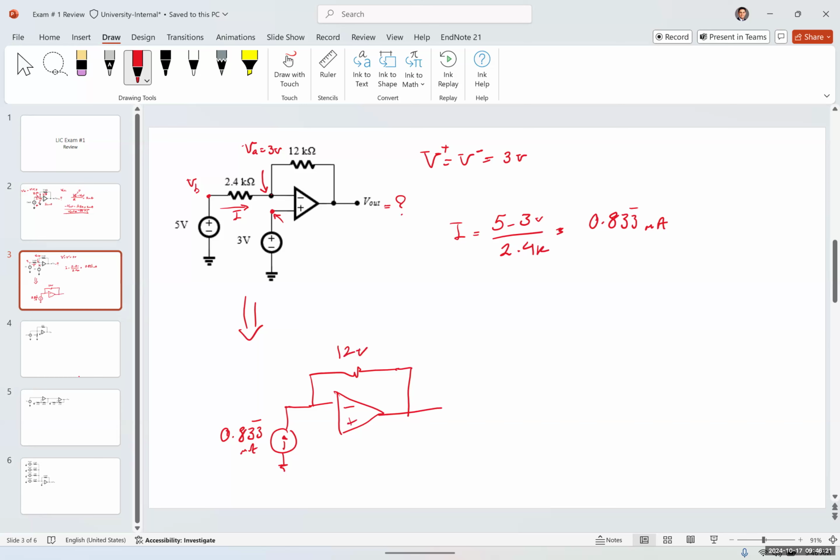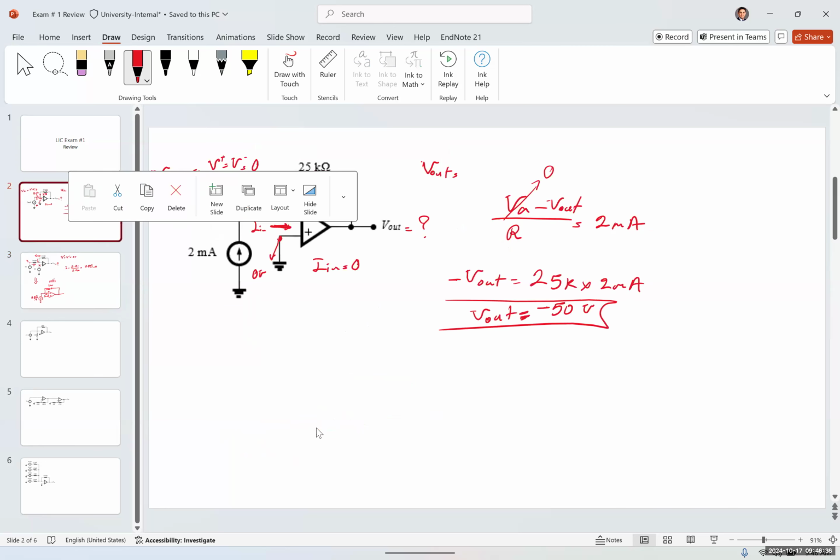This is going here. Again, because this is an ideal op amp, the current going inside the op amp is equal to 0. So all that 0.833 milliamps will go inside the 12K resistor. The exact same thing that we had in the previous one.